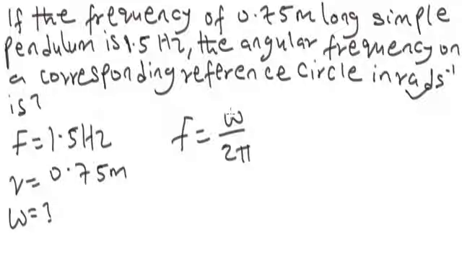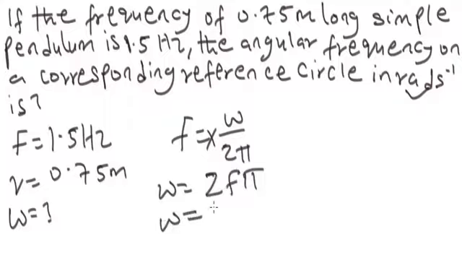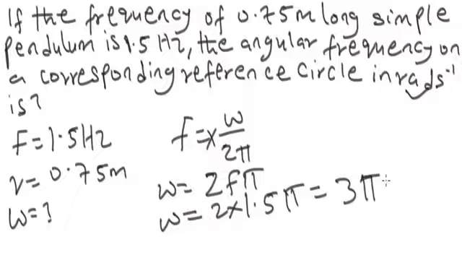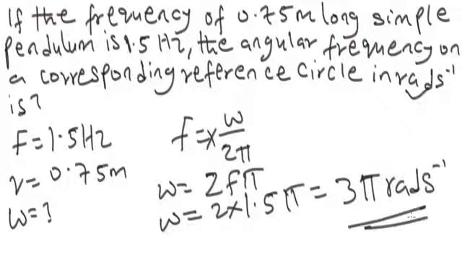This w here, also representing angular frequency, when you cross multiply, will be 2 f pi. When you substitute, angular frequency will be 2 times the frequency, which is 1.5, times pi. When you simplify it, we have 3 pi radians per second. So this will be the angular frequency.